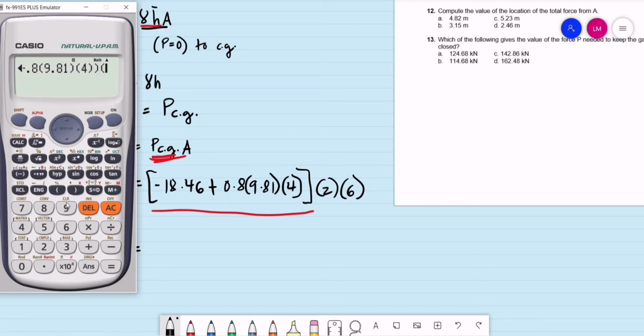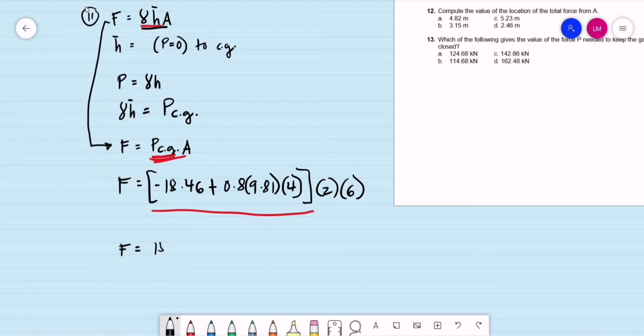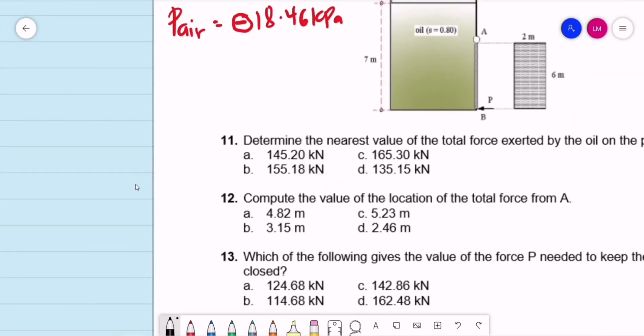Then, the area of the gate is 2 meters by 6 meters. So, we have that as 155.184 kilonewtons. Check natin if we have this value sa choices. For question number 11, pinakamalapit na will be letter B.